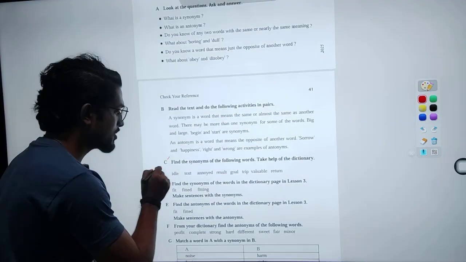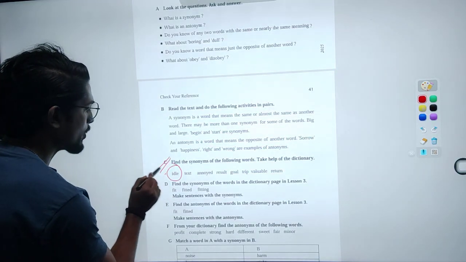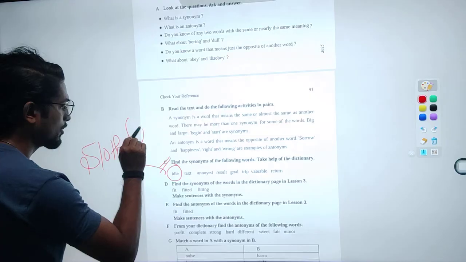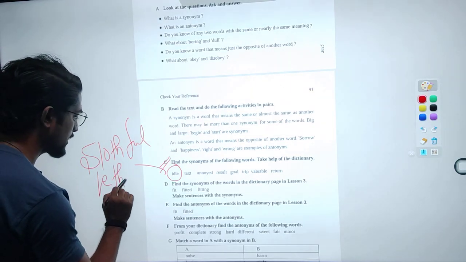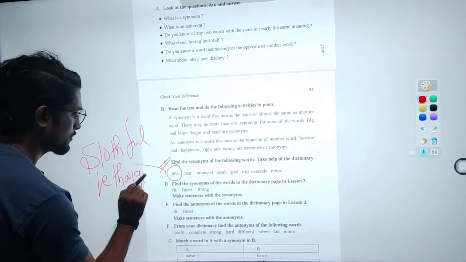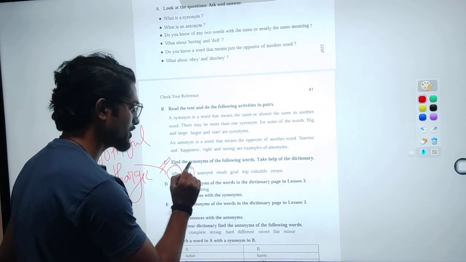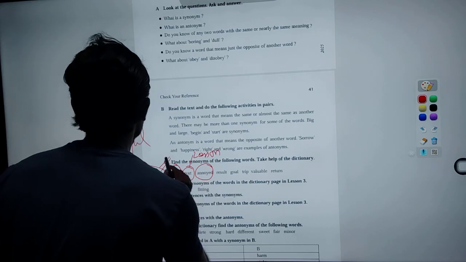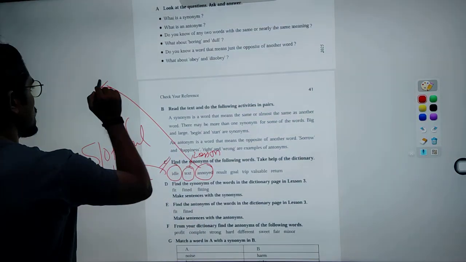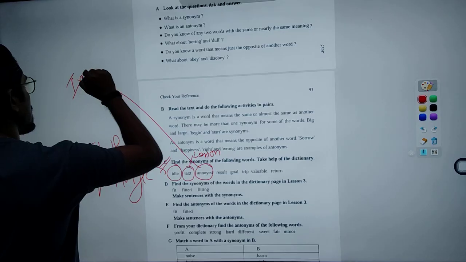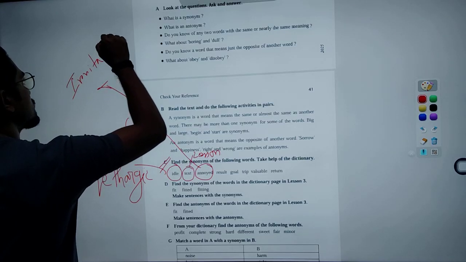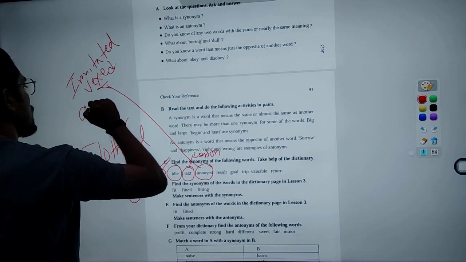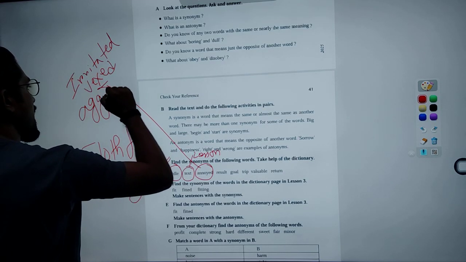So let's find out the synonyms. Idle, you can write slothful or lethargic. For text, you can write a lesson. For annoyed, you can write irritated, vexed, or aggravated.